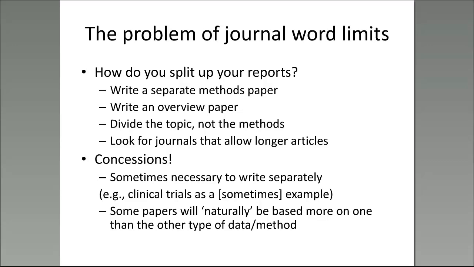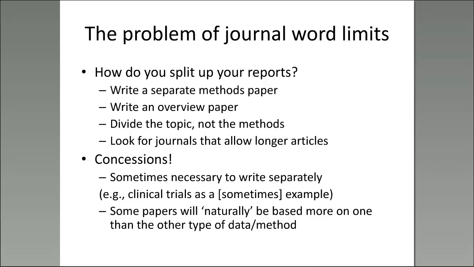Now, I do make some concessions to that general argument. Sometimes it's necessary to write separately. Clinical trials is an example where often the quantitative outcome results are available much earlier than the analyses of people's experiences or whatever.